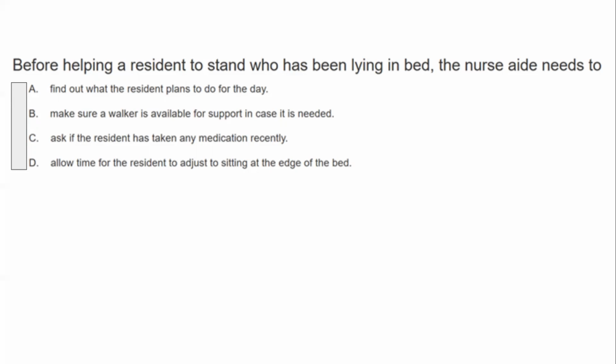Or D, allow time for the resident to adjust to sitting at the edge of the bed. The correct answer is D, allow time for the resident to adjust to sitting at the edge of the bed.